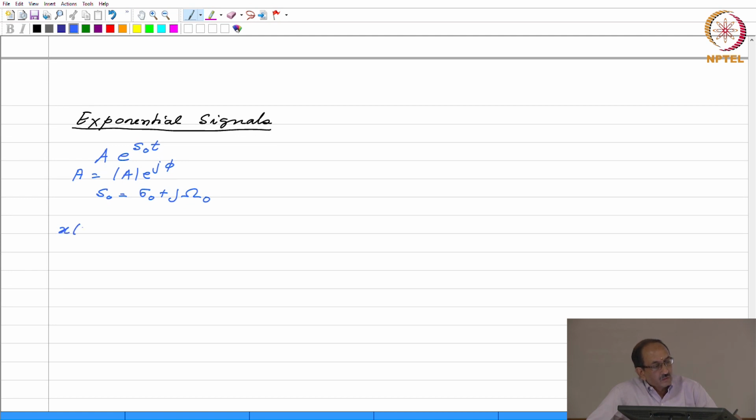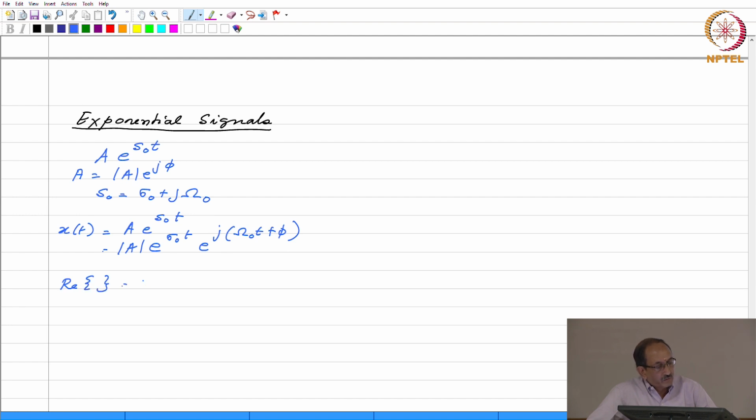Therefore, x of t, which is A times e to the s naught t, is really magnitude A, and e to the s naught t can be written as e to the sigma naught t plus j cap omega naught t. So therefore, this becomes e to the sigma naught t, e to the j omega naught t plus phi, right?